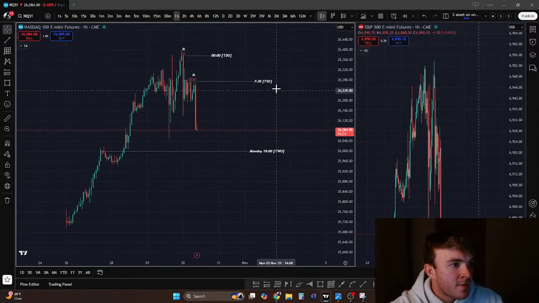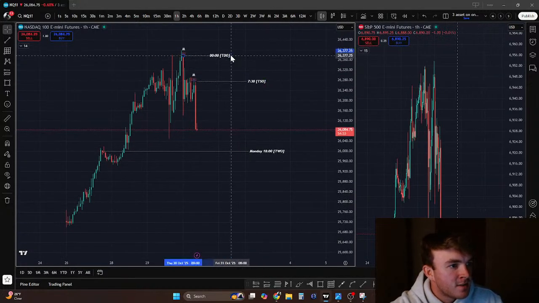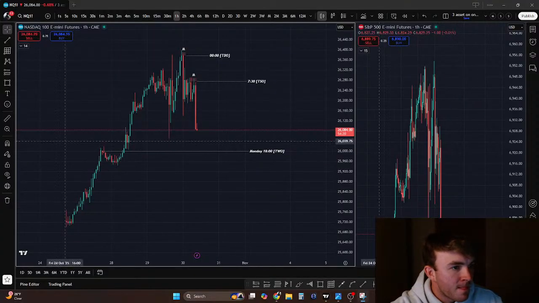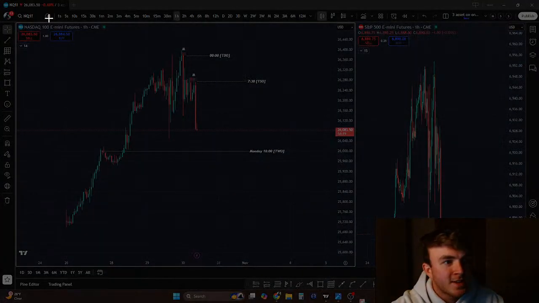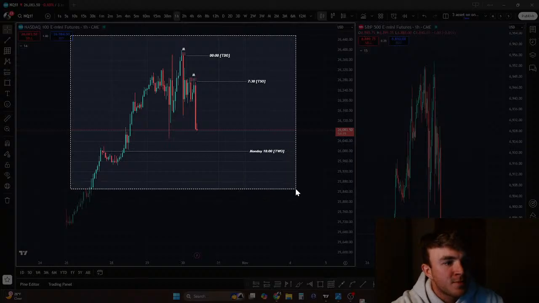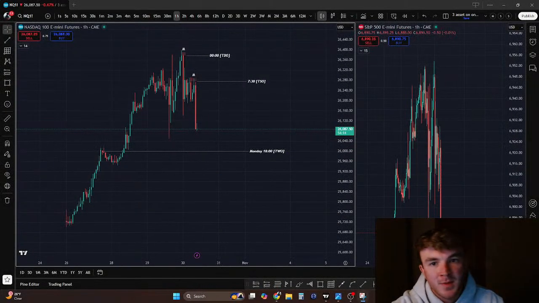So we might be rebalancing to the true week open. Because reality is, even if the market wanted to be bullish at this point, it'd probably want to sweep true week open.